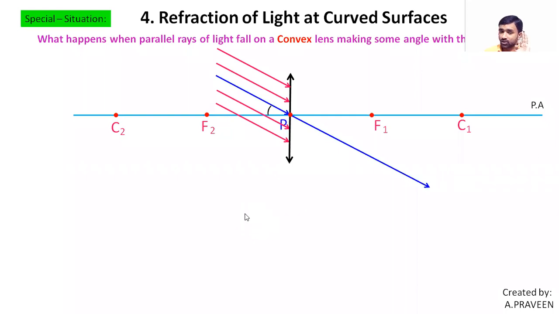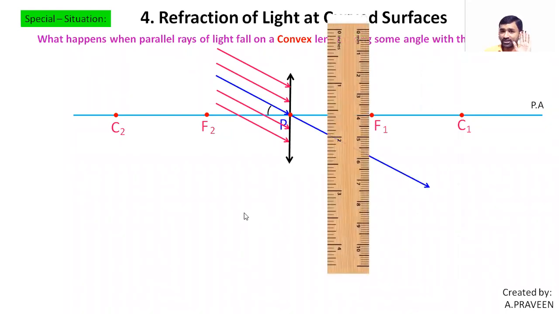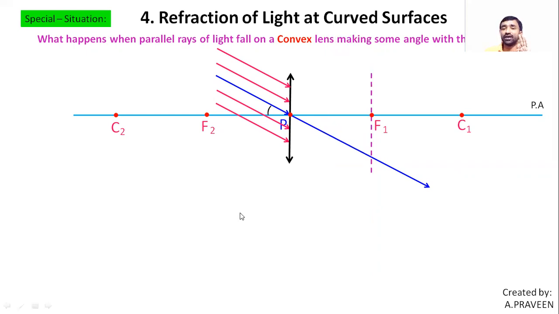So it's F1 towards the right side. At the focal point, I am placing the scale like this, perpendicular to the principal axis. I am drawing a dotted line. Right? So this line is drawn through the focus, and it is perpendicular to the principal axis. That line we are calling the focal plane.